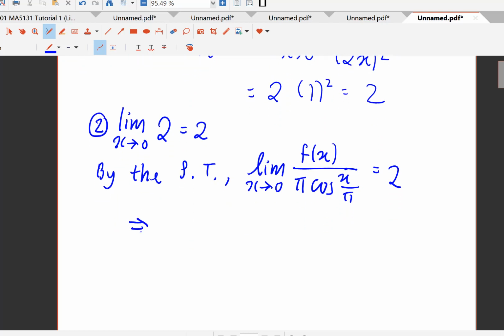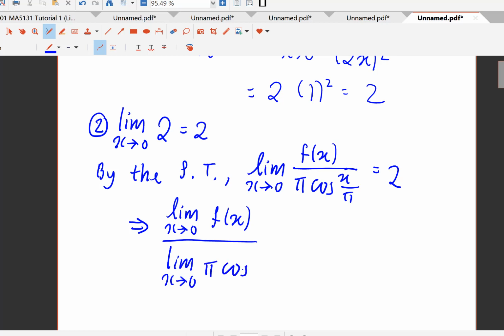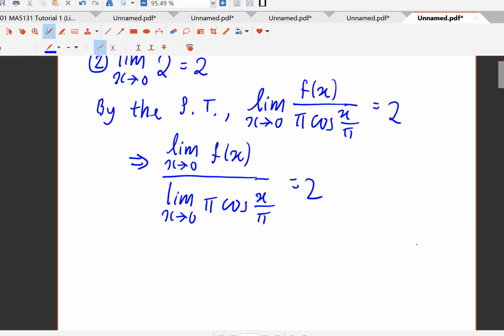And because the limit of f(x) exists, we can then say that limit x goes towards 0. Because if both limits exist, we can do this, right?